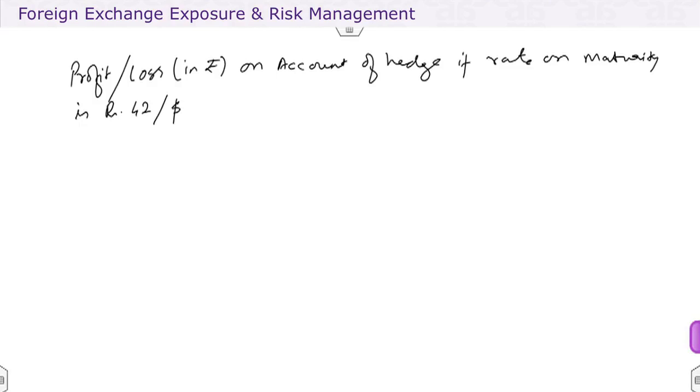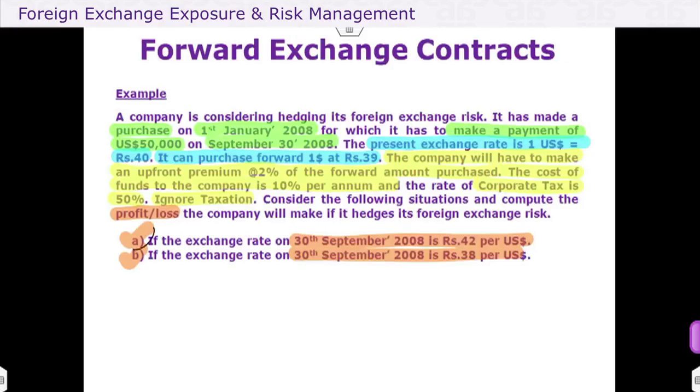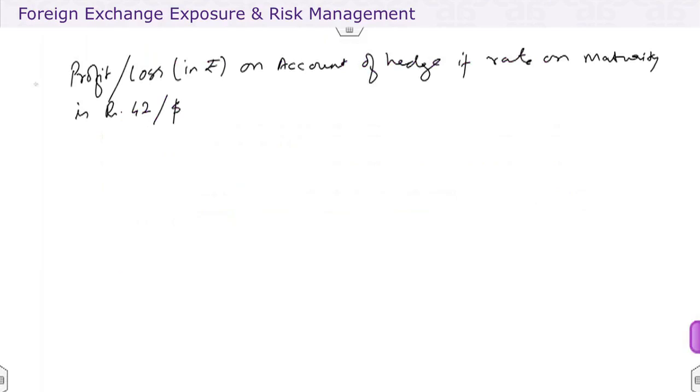This is the first part that we are talking about in this question. If it is 42 to a dollar, then what will be the gain or loss? This is your A part that we are trying to answer.